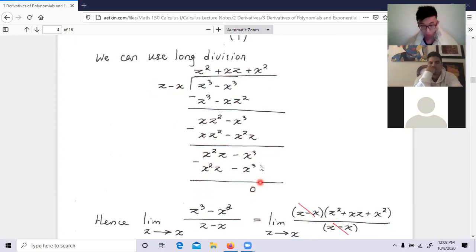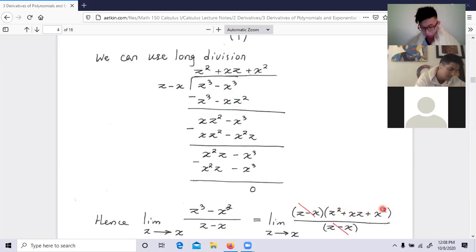So what does that mean? It means that to factor z cubed minus x cubed, all I have to do is write z minus x times z to 1 power less, look at it, z squared plus x to the power of 1, z to the power of 1, plus x squared. Notice, you see, we had z with power 2. Yes? Now z has power 1.